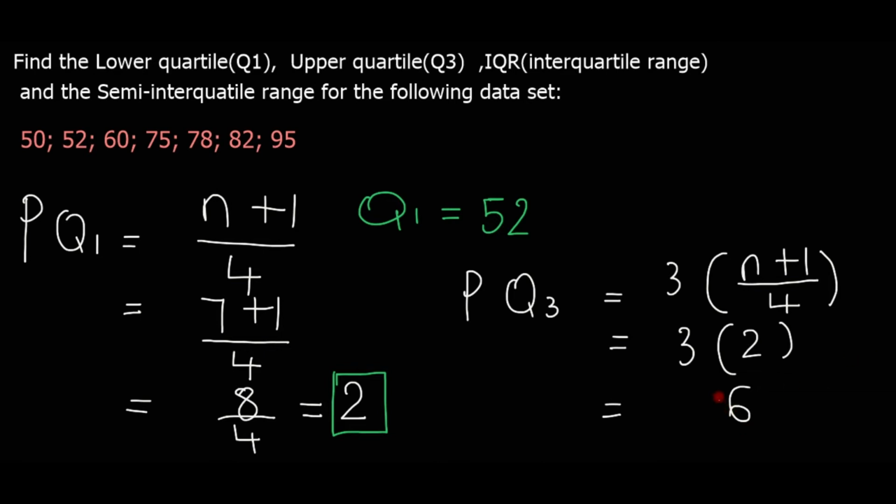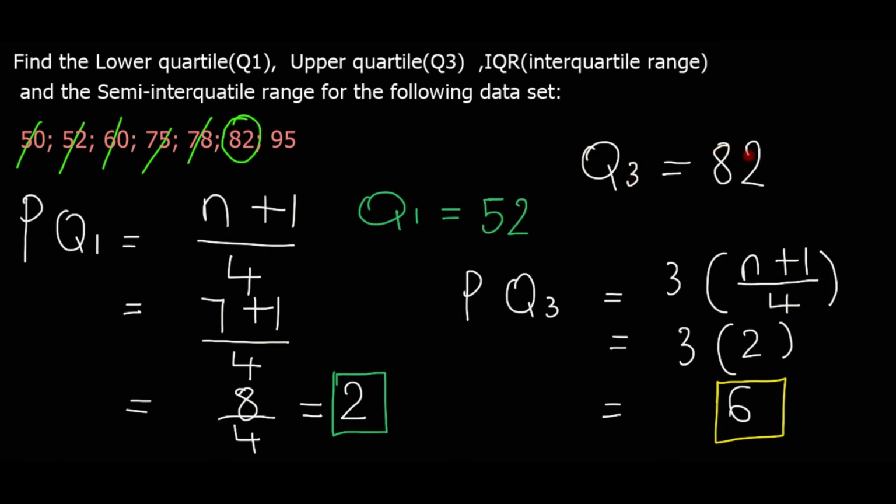So re la gore Q3 ya rena re wa find in position 6. So re na le 1, 2, 3, 4, 5, 6. So our Q3 is 82. So from there, finding interquartile range and semi-interquartile range is straightforward.